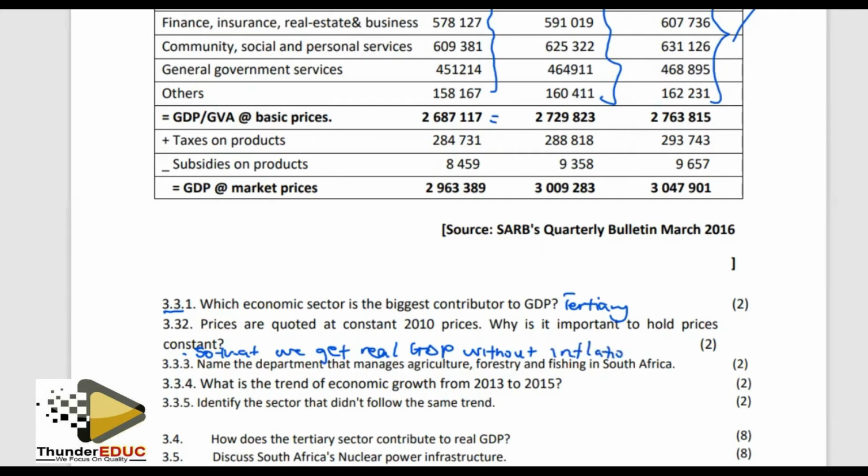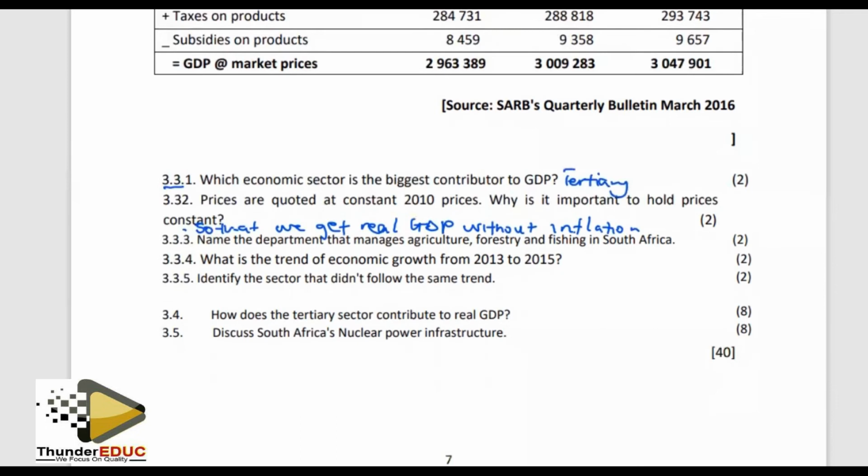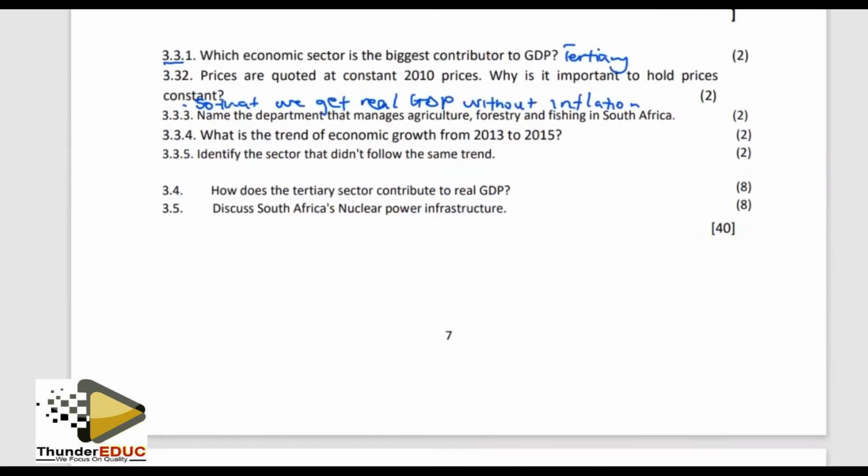We always take the values of constant prices because they are free from inflation, and therefore they give a true reflection of GDP without inflated prices.